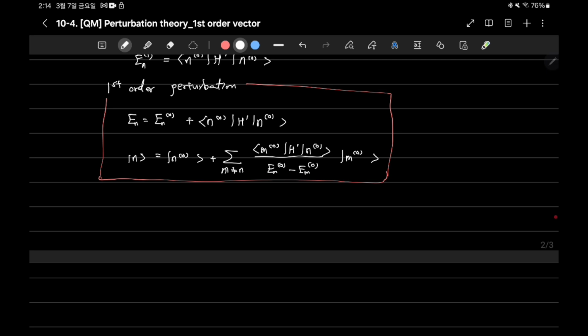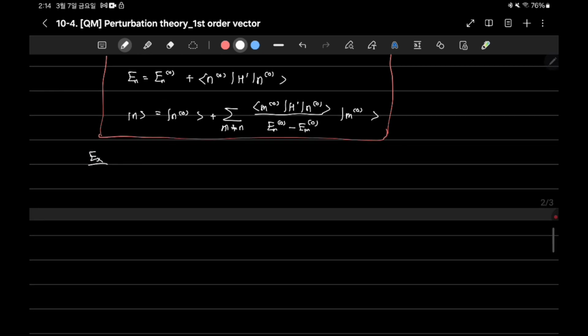And let's make an example. Let's think that the infinite potential well is like this.